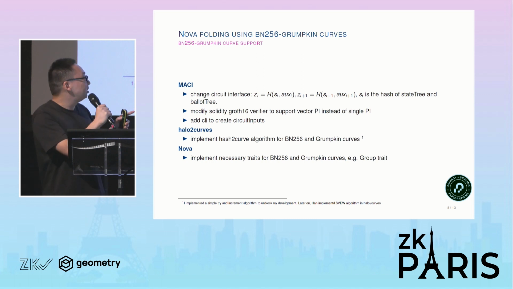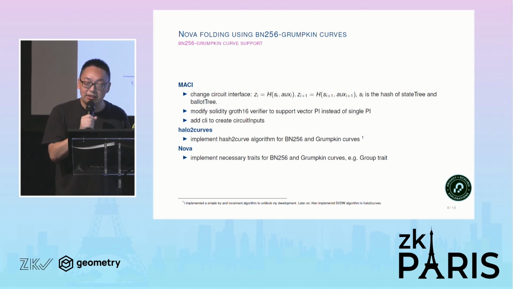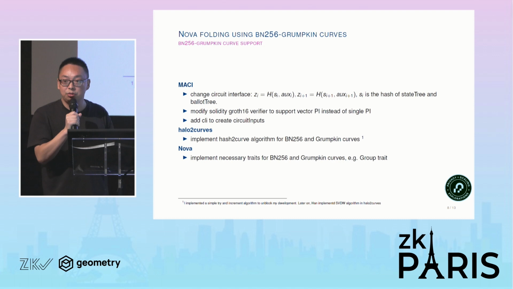Here the state is defined as the hash of the root of the state tree and the root of the ballot tree. Whenever we process a voting message, which is extracted from a smart contract anonymously, we update the states of the state tree and the ballot tree.